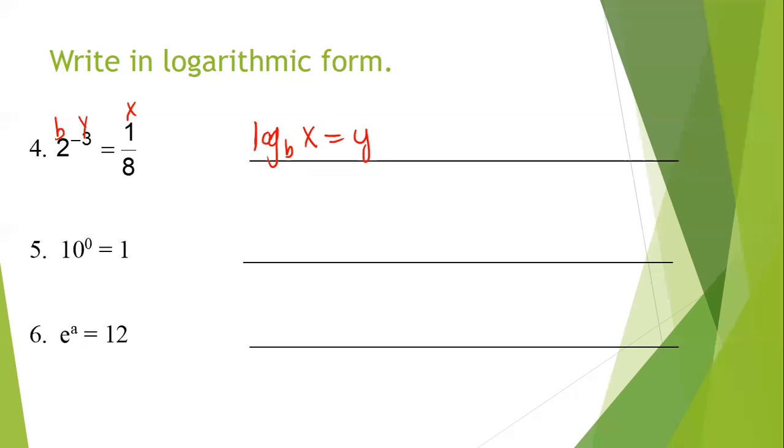Because it's not alphabetical, so you had to come up with this. All right, so say "by" to your x. So when I'm writing this, my log, my b is 2, my x is 1/8, and it equals -3.